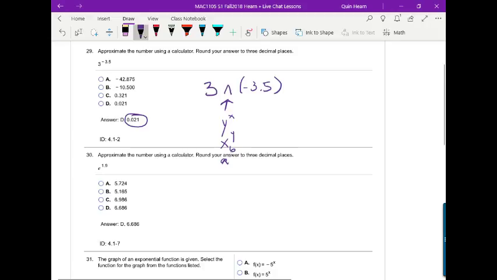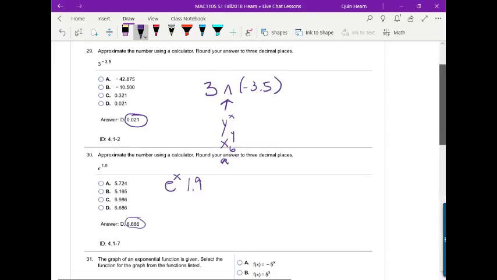It often is on the same key that you'll see natural log, which is ln. So you might have to use the second button or shift button to get to it, but you're going to look for an e to the x button. You'll hit that button, and then the calculator will ask you for the exponent, and you'll put in 1.9. So make sure that you get about 6.686 when you plug that into your calculator.